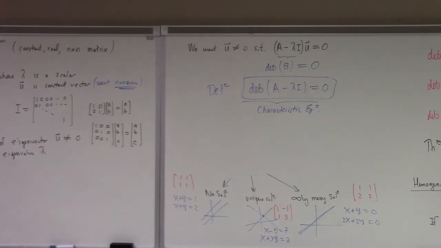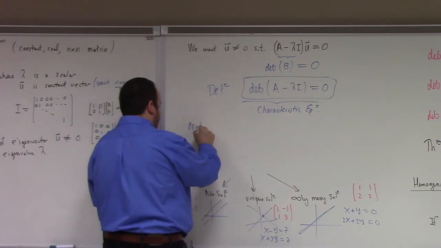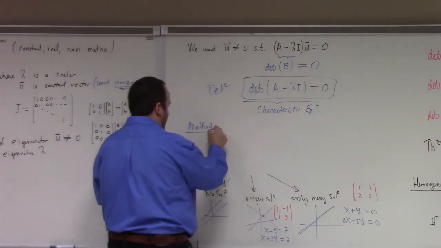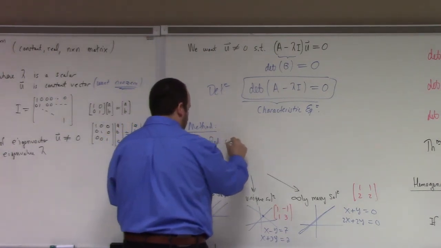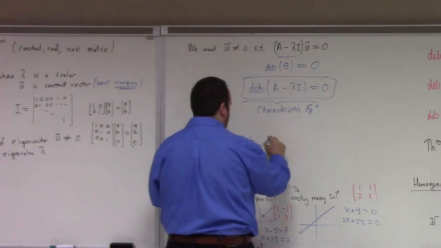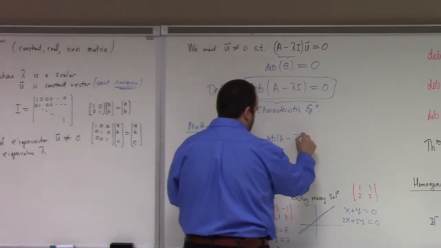And when you work out that equation, it's an nth order polynomial equation in lambda. So if we're working over the complexes, we always have n eigenvalues, possibly repeated. In the reals, it may or may not be the case that we actually have eigenvalues. All right, but now we have a method. Here's the method that I have justified for you in part. Number 1, we find solutions to the determinant of A minus lambda I equals 0.